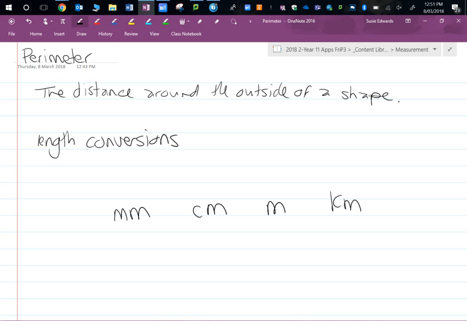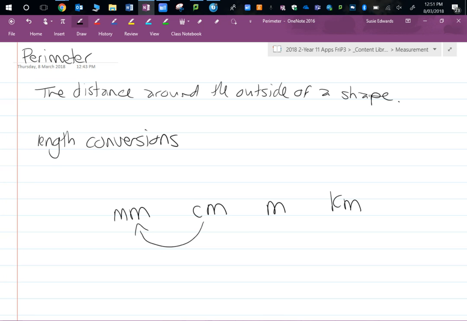So we've got millimeters, we've got centimeters. Everyone knows what those measurements are. Millimeters are very little. How many millimeters are there in a centimeter? 10. All right, so if I wanted to convert from centimeters to millimeters, if I had 1 centimeter and I wanted to go to millimeters, what would I have to do?